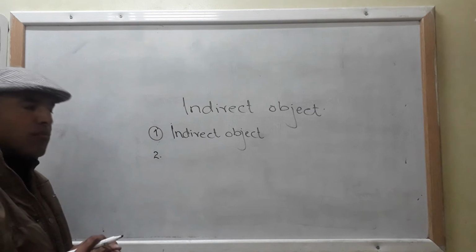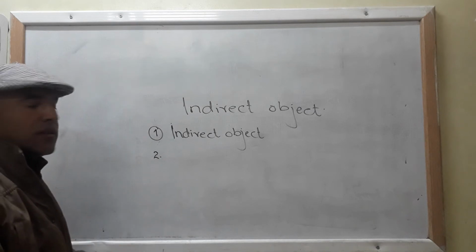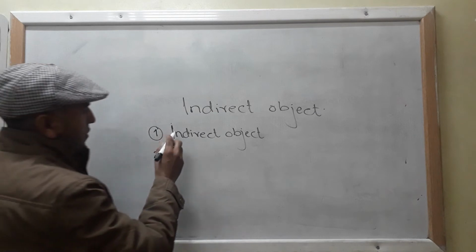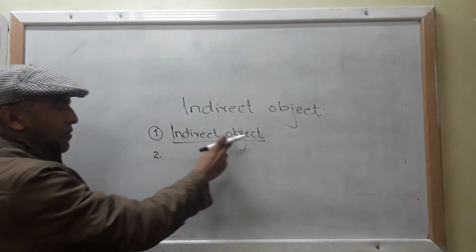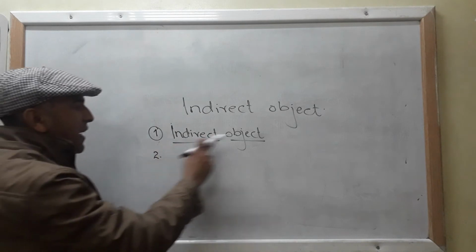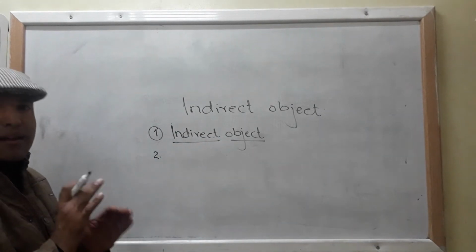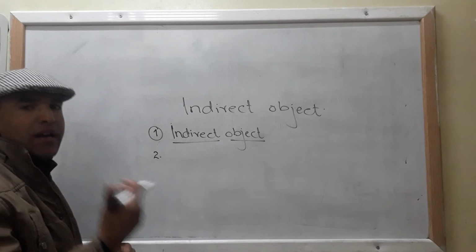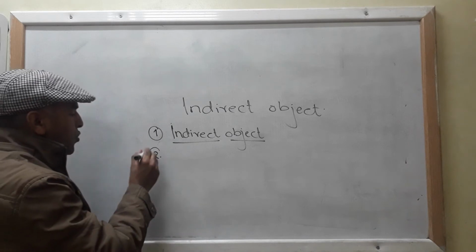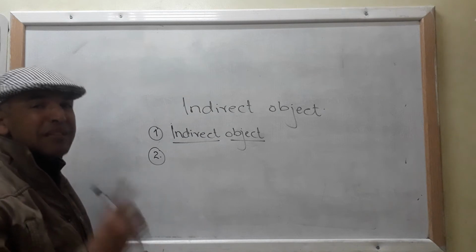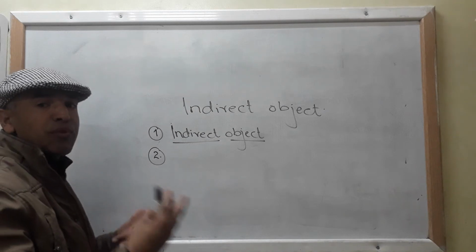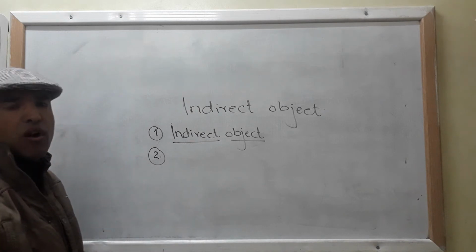Regarding indirect object, two points that I would like you to keep in mind: your indirect object is the recipient or receiver of your direct object. Point number two, your indirect object usually precedes, means comes before, your direct object.